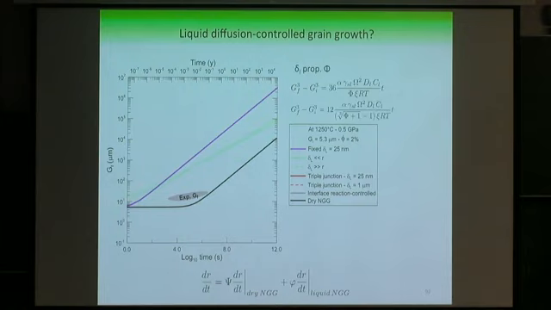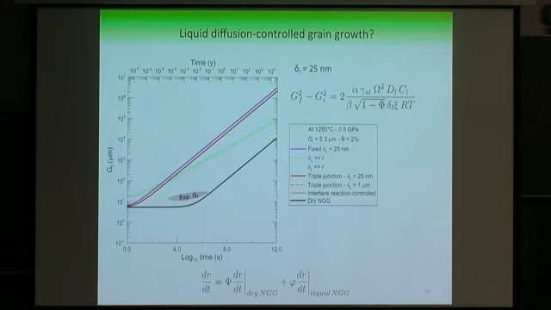So the green here is where we consider delta L much smaller than the grain radius, or delta L much greater than the grain radius. With these equations, as you can see, grain sizes are higher than what our experimental observations show. So then let's move on to triple junction and fixed delta L. I'm going to start out with 25 nanometers.